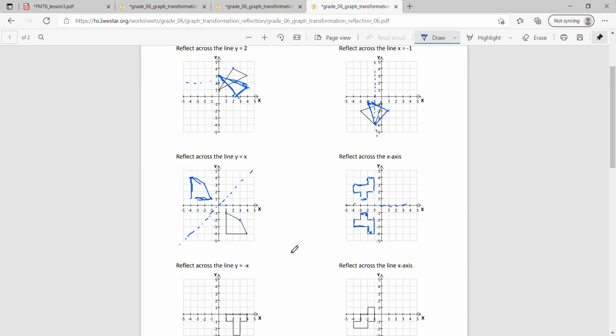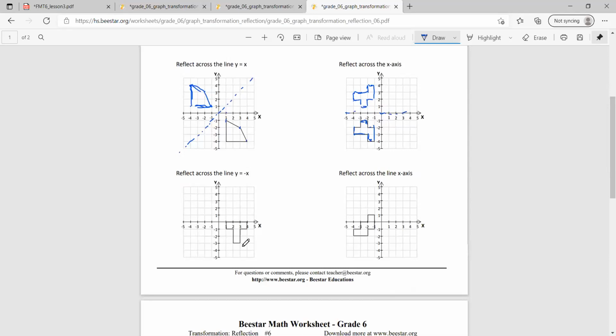Okay. And then for line y equals -x. So this means when y equals 1, x would equal -1. So the line would come here and so on. So like this.